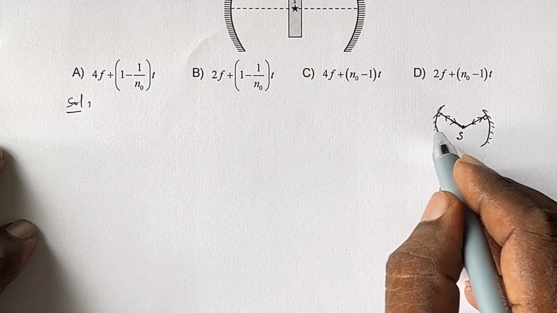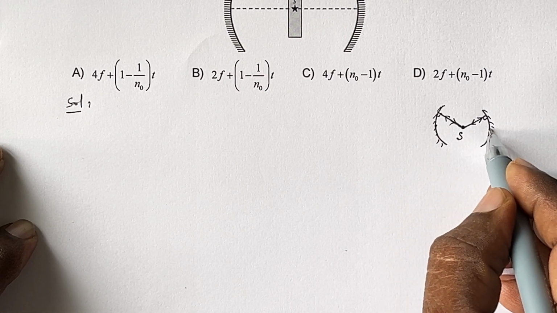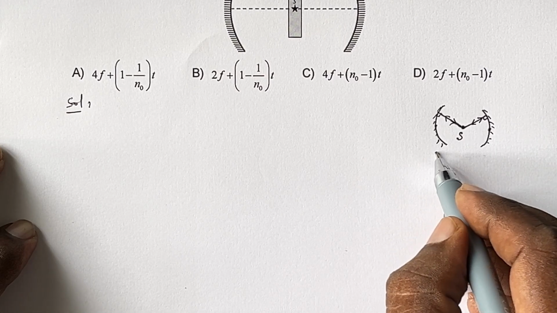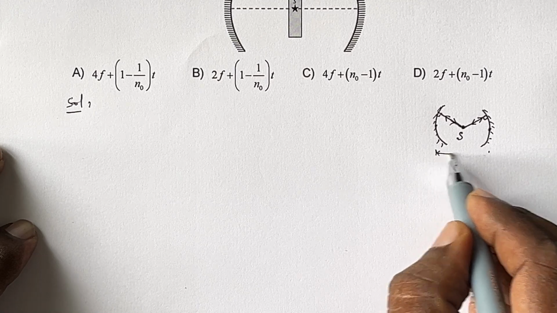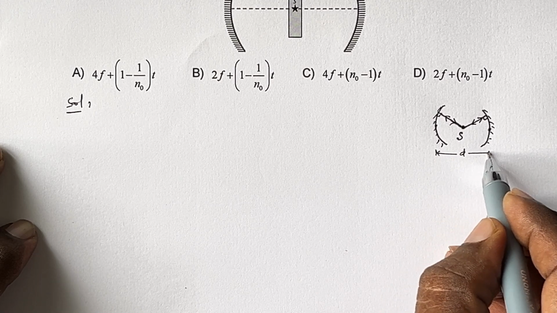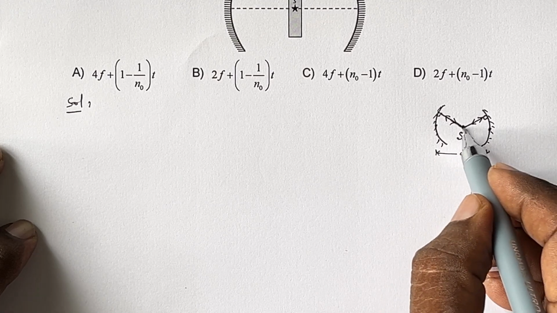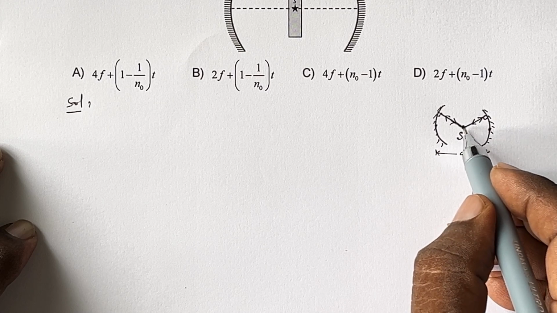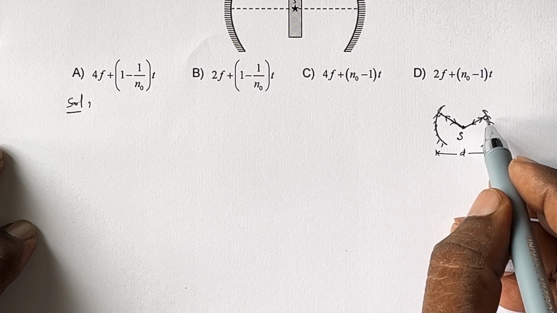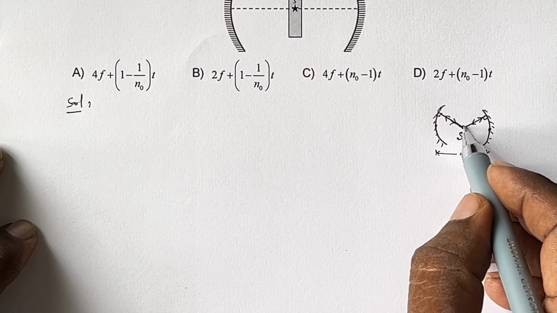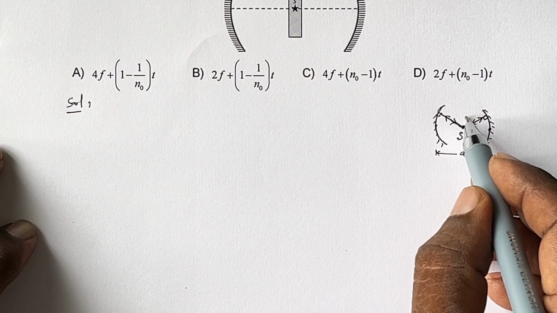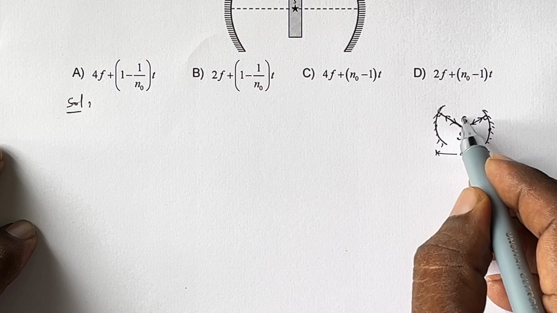So if the distance between the two mirrors is d, then if it is retracing its path, it is falling 90 degrees normally on the mirror, this source position will be at the center of curvature.